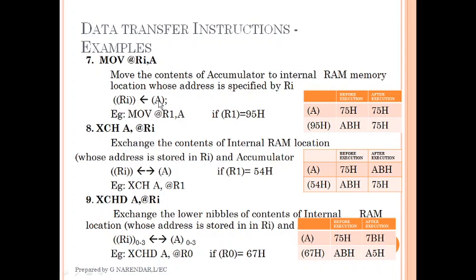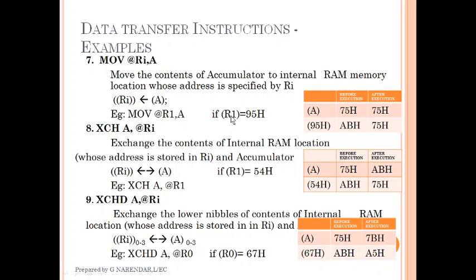So the contents of the accumulator are copied to the content of Ri. For example, MOV @R1, A means the contents of the accumulator are copied to the internal RAM location whose address is given by R1.